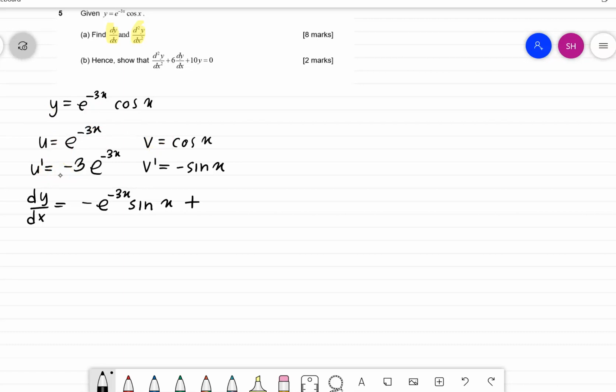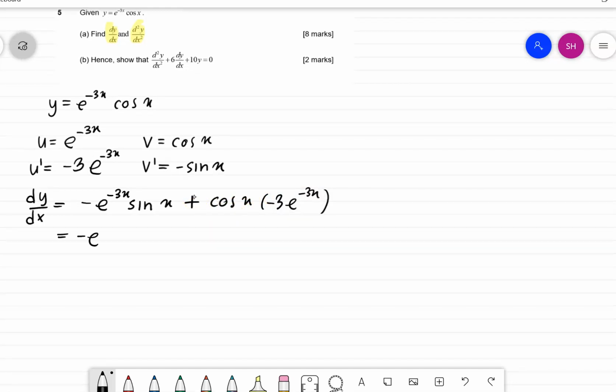Okay, plus v is cos x times by negative 3 e to the negative 3x. And then this one we can simplify, positive times negative should be negative lah, and then the constant we can bring in front. Minus 3 e to the negative 3x cos x.